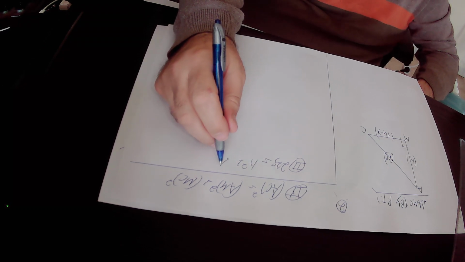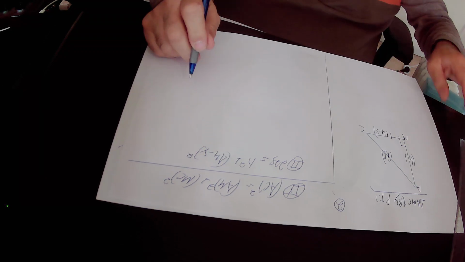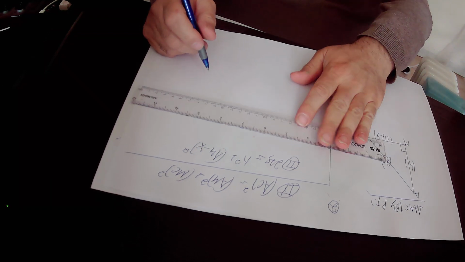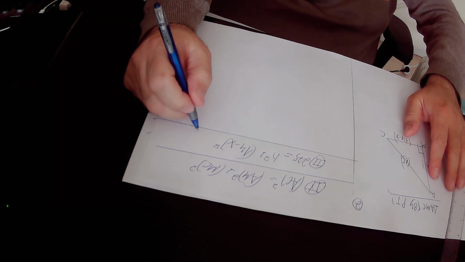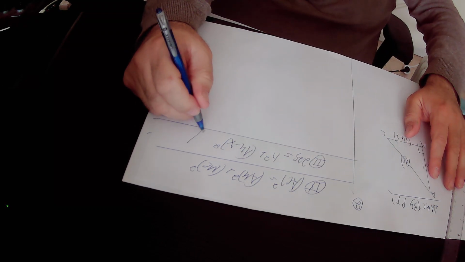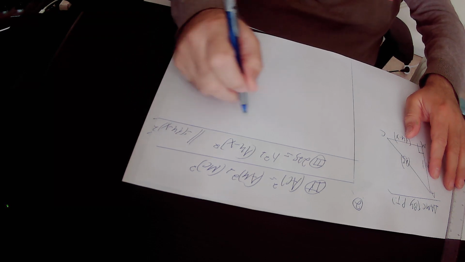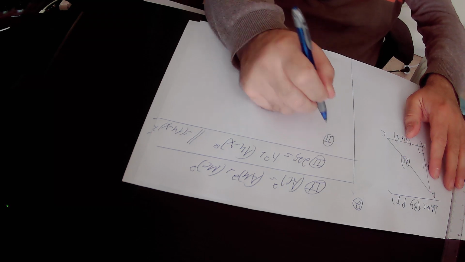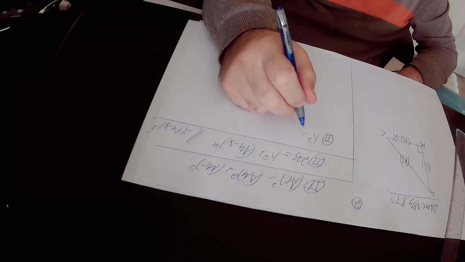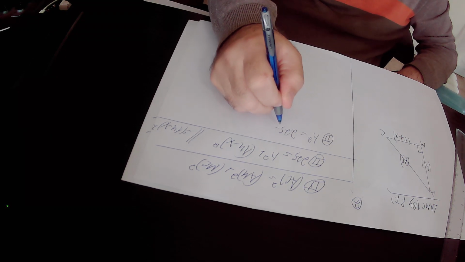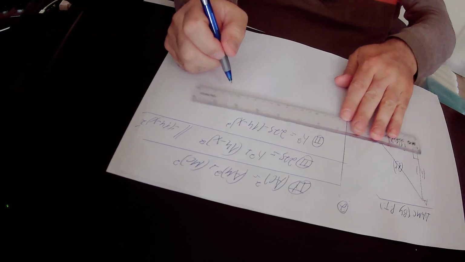MC is 14 minus x, therefore MC squared is (14 minus x) squared. Here we subtract (14 minus x) squared from equation number 2. And we get that according to equation number 2, h squared equals 225 minus (14 minus x) squared.